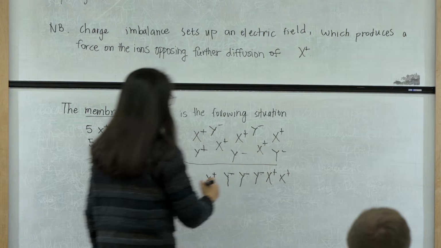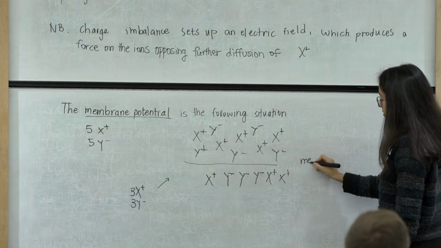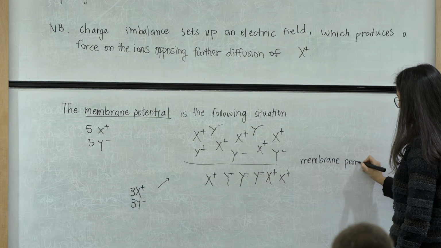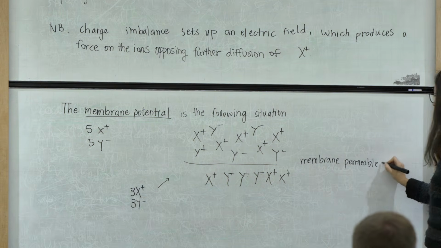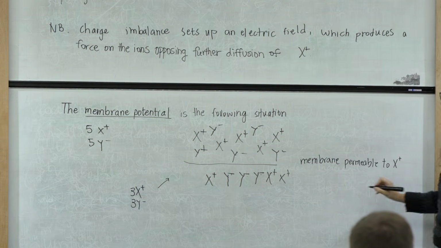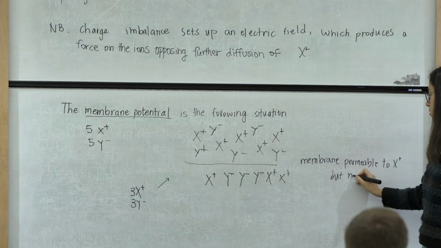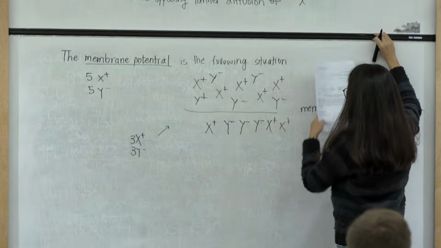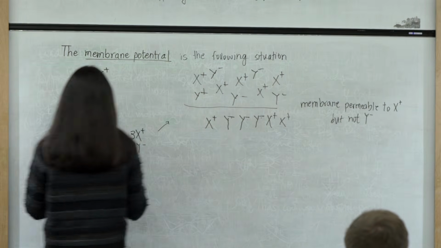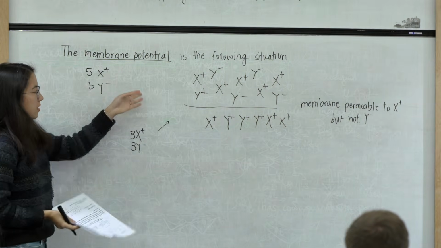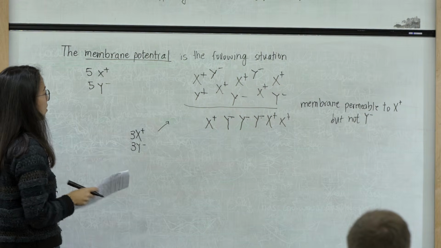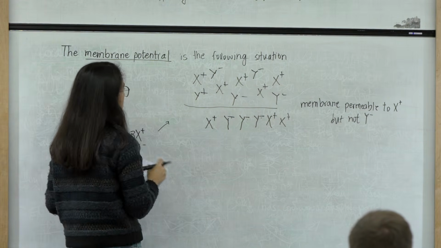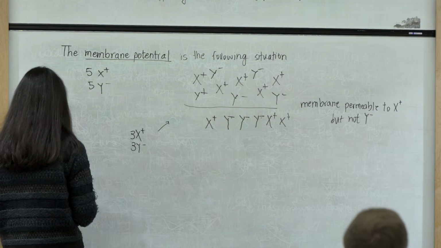So this is, again, a membrane that is permeable to X plus, but not Y minus. So what I'm drawing here, as I said, is just on each side you have equal and opposite charges, and on the other side, though, you have a different amount.